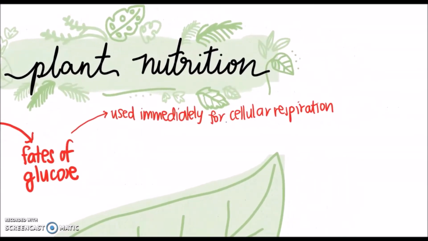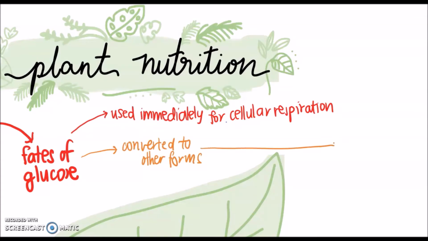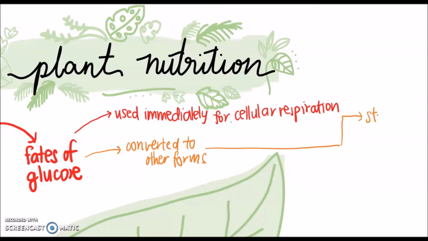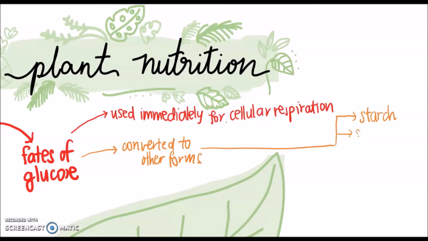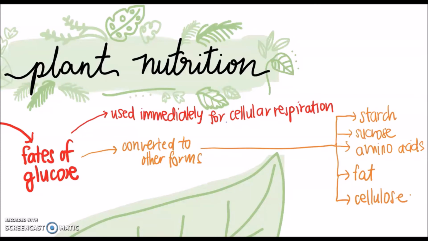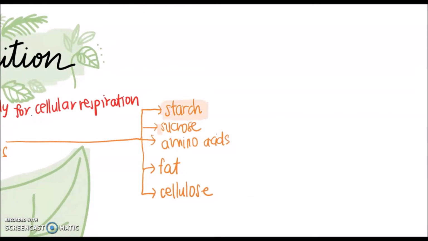It can also be converted to a whole bunch of other things, for example, starch, sucrose, amino acids, fat, and cellulose. So let's look at each one of these in further detail.